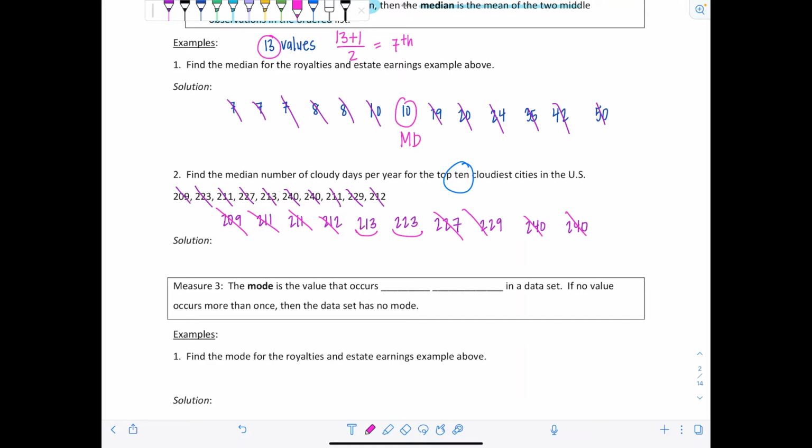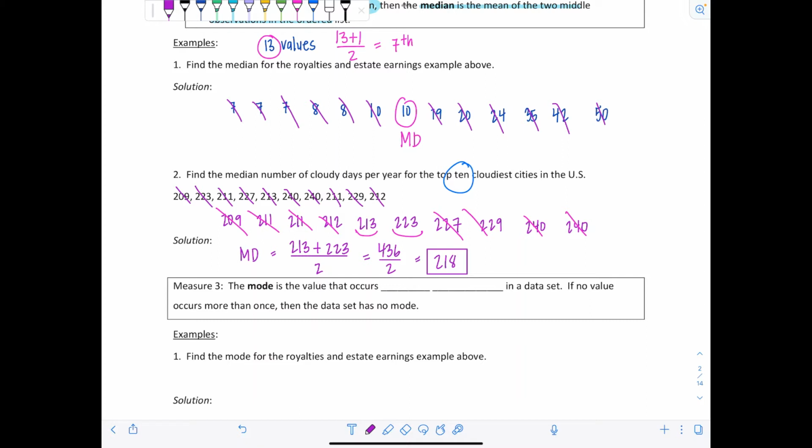So this time we're going to find the mean of these two. You take 213 plus 223 and divide by 2. It's always divided by 2 because only two values split the middle. 436 over 2. So this median is 218. All right, very good.